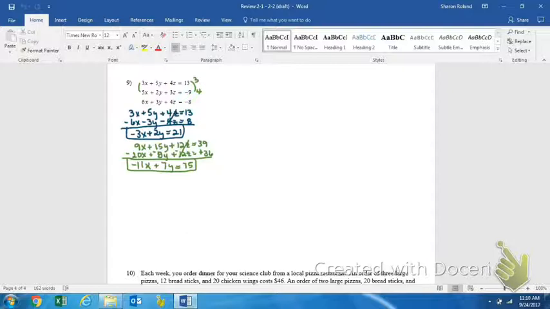I'm going to eliminate the y's this time, so I'd be multiplying this equation by 7 and this equation by 2. And so you would have negative 21x plus 14y equals 147.